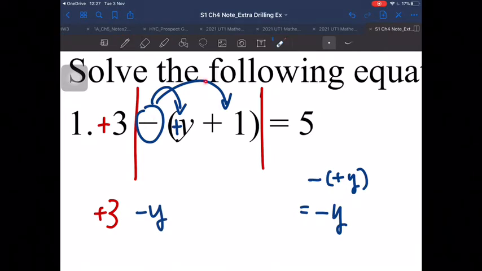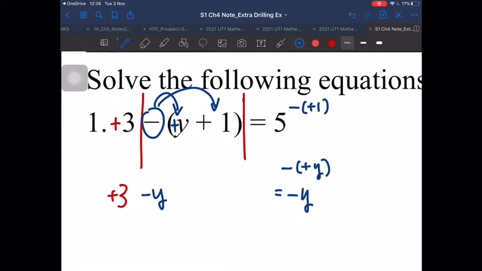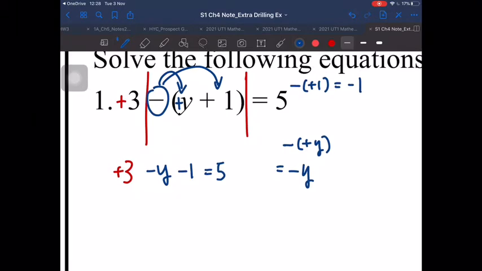Next, negative times positive 1. Negative times positive should be negative, so it will be negative 1. So minus 1 here, and it will be equal to 5.